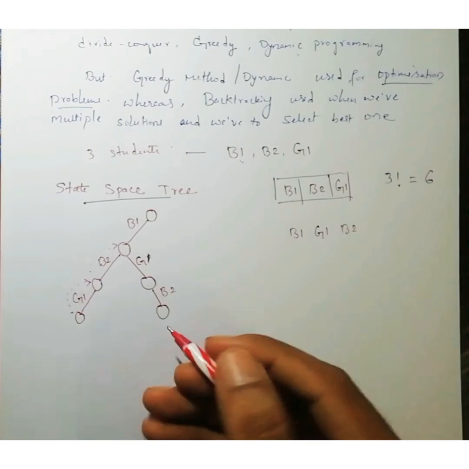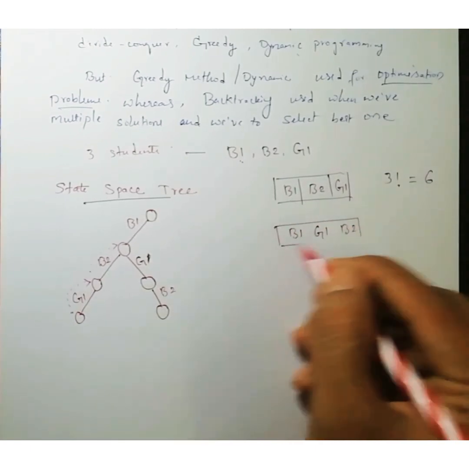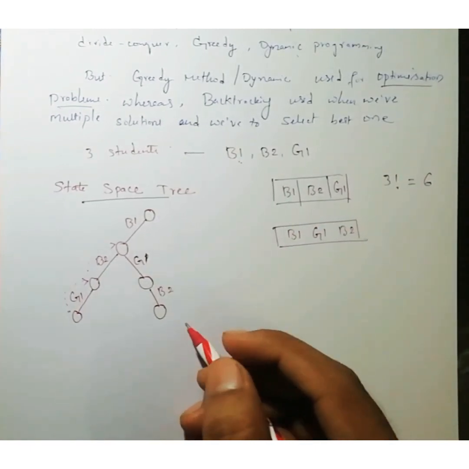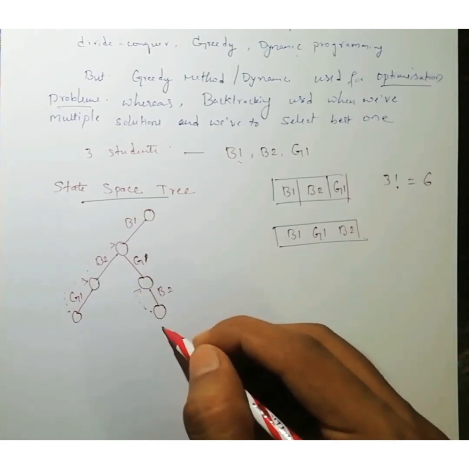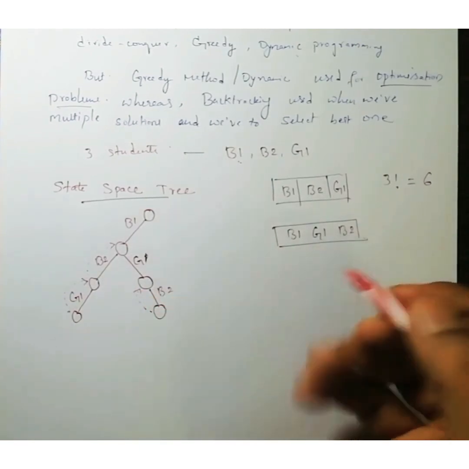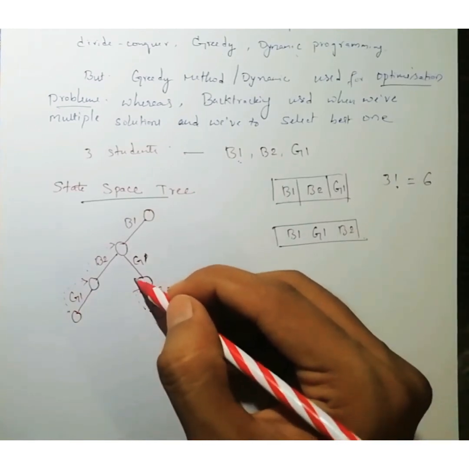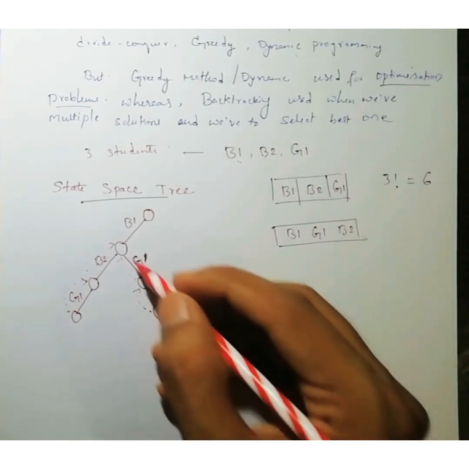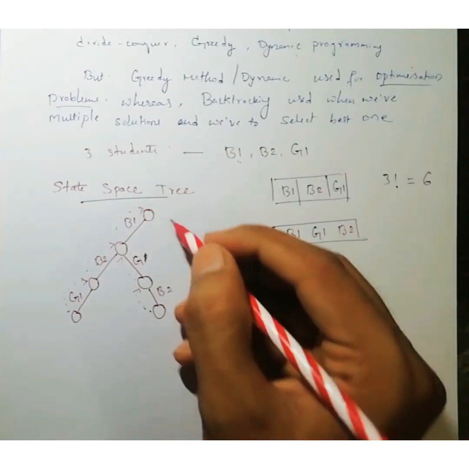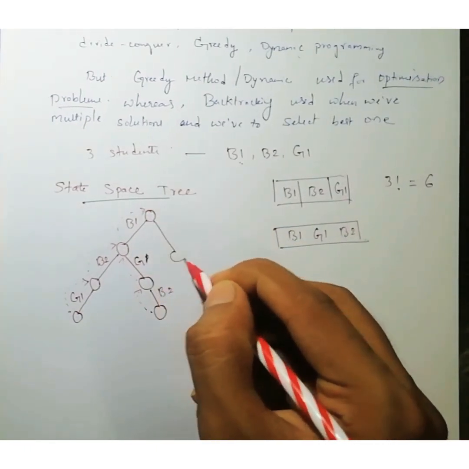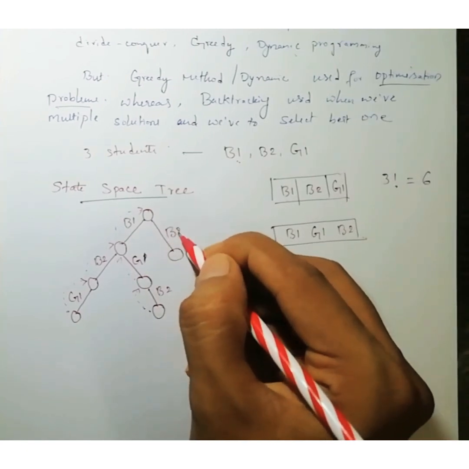What is the third possibility? Just backtrack. This is the way: backtrack and arrange. There is no further possibility here, so go back to B1. Next, in the first bench the second boy, B2, can sit.